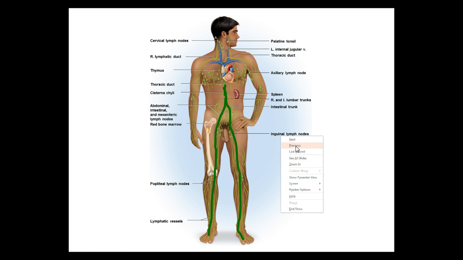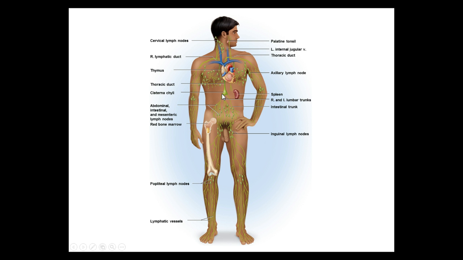Now, I'm going to take that off for a second because I want to show you that all the flow of lymph coming from the lower extremities and from the gut is eventually going to end up passing through this structure right here, and it's just a hollow structure called the cisterna chyli.